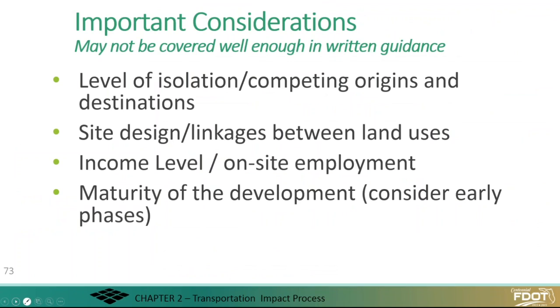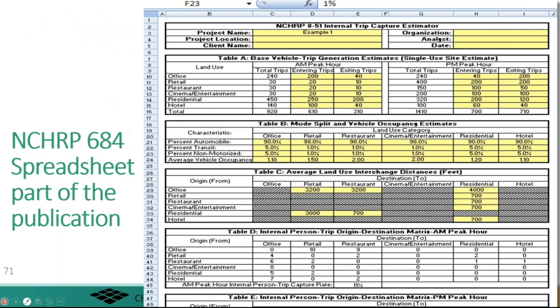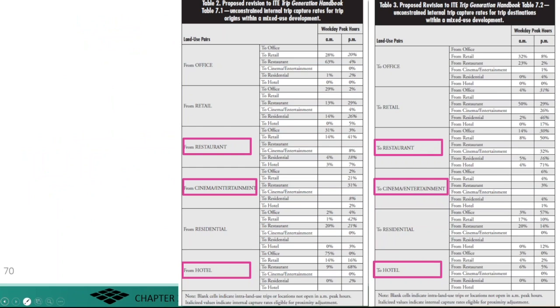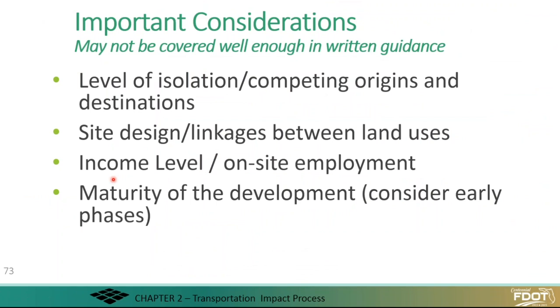Here are some important considerations which some of us on this floor think are even more important than the written guidance you'll find. None of the factors that you look into in any of these reports, these factors here, are all just the maximums that they discovered from the various studies that they have done for different developments. None of them really ever looked at how much isolation there was. Competing origins and destinations.